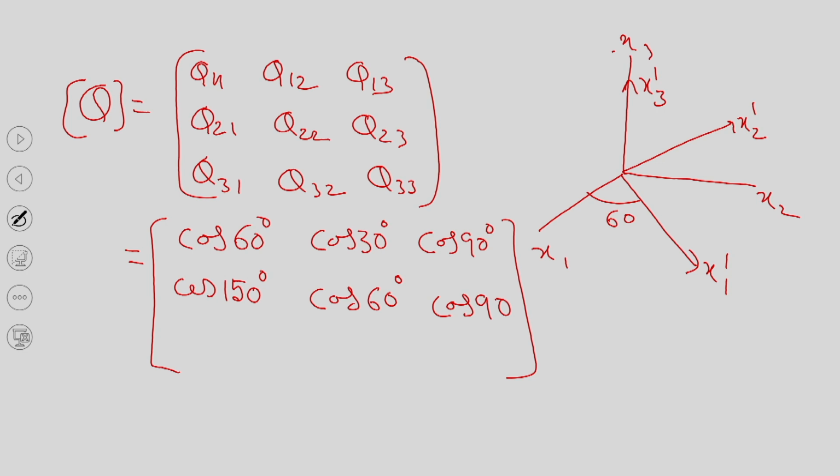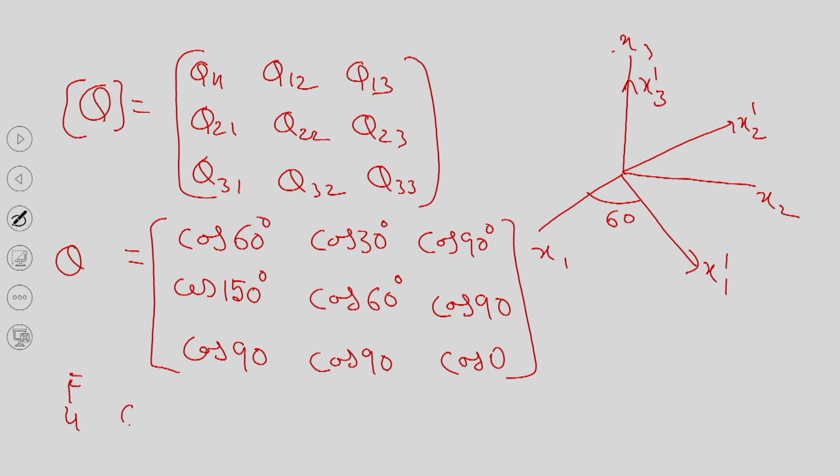Then x3 dash is making with x1 cos 90, x3 dash is making with x2 cos 90, and x3 dash is making with x3 cos 0. This is your 3-dimensional transformation matrix when x3 dash is equal to x3. Now you just put in the values, it is becoming 0 at this one. So, basically you have to evaluate it.